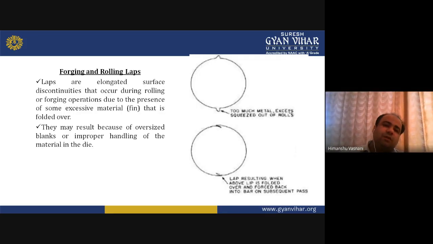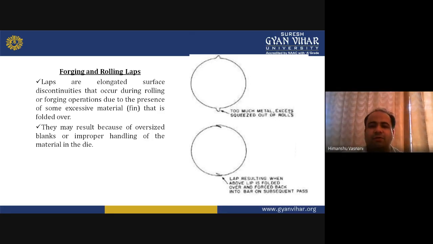Then forging and rolling laps also. In the first diagram, you see too much excess metal squeezed out of flow, and in the next you can see a lap resulting when a lip is folded over and forced back into the bar in subsequent parts. These laps are elongated surface discontinuities that occur during rolling and forging due to the presence of excessive material.